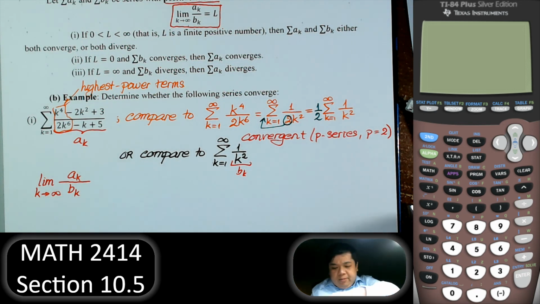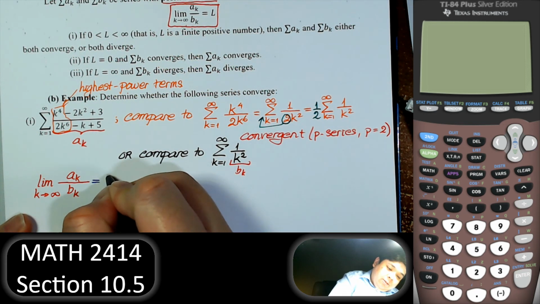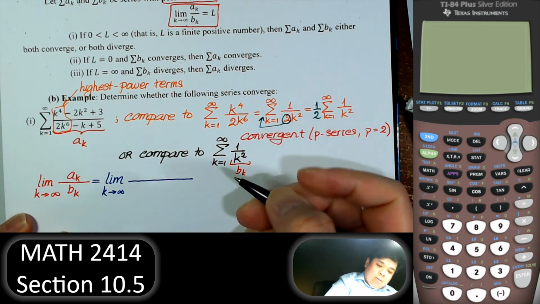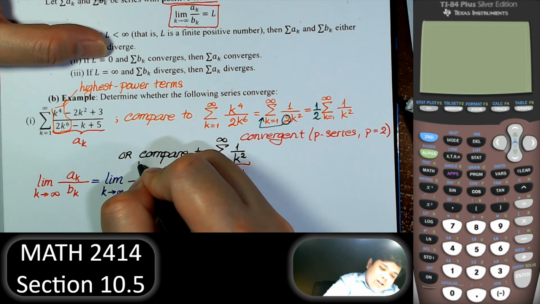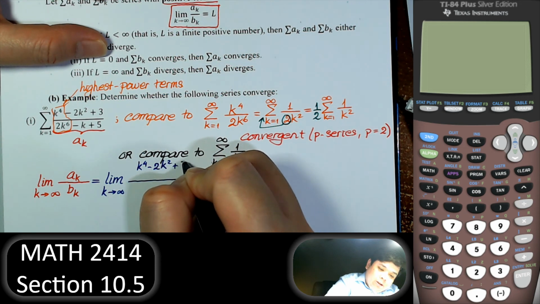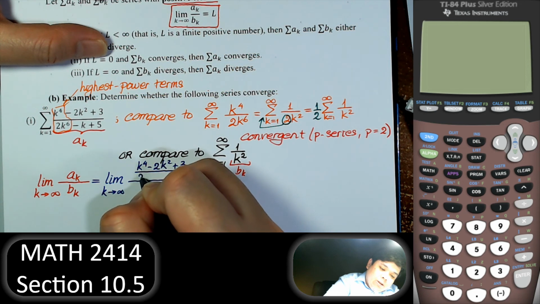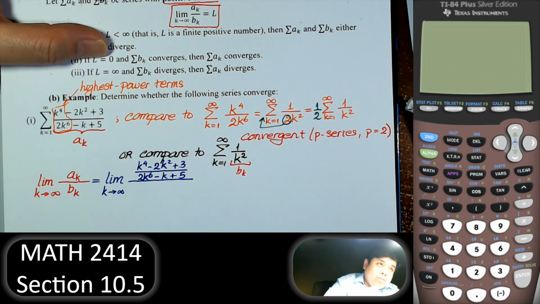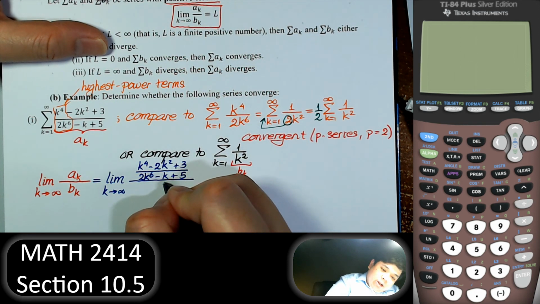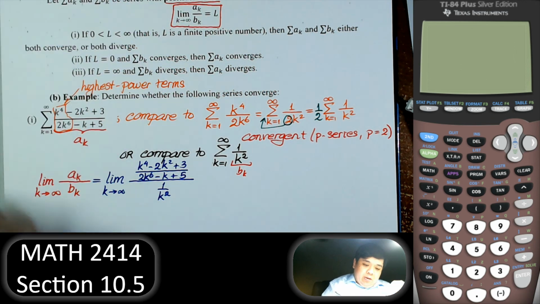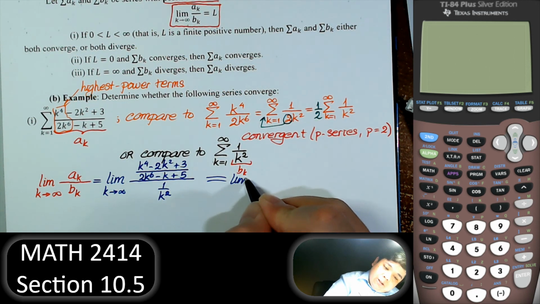Just divide them: a sub k over b sub k, where b sub k is 1/k squared, as k goes to infinity.